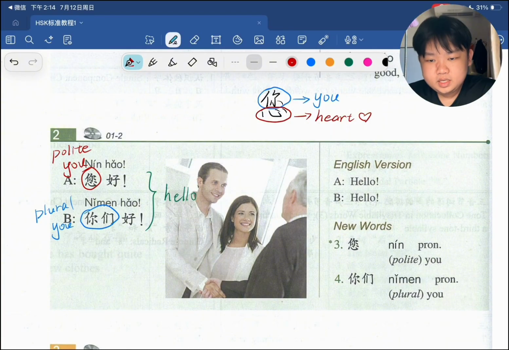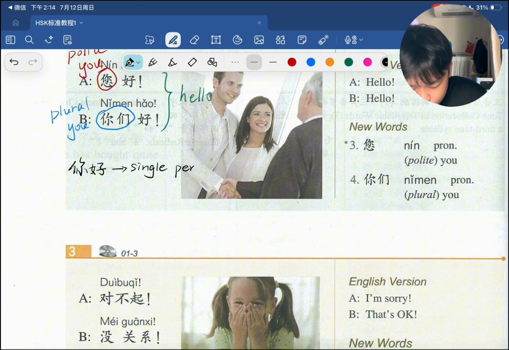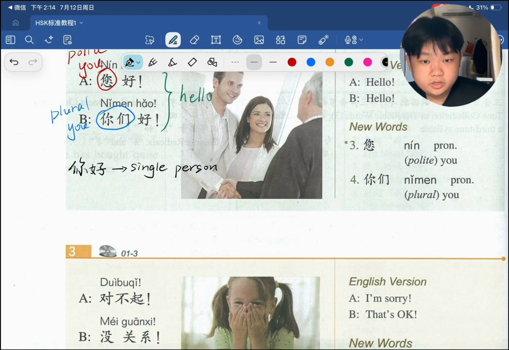So what are the differences? 你好 is for a single person. 你们好 is for multiple people.